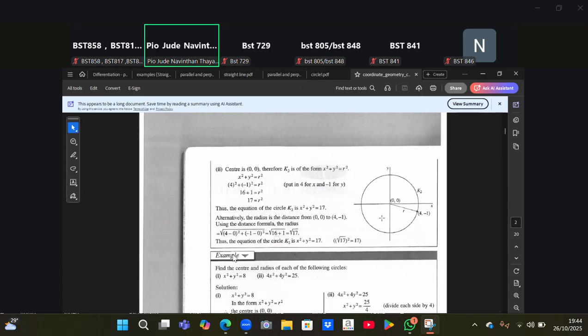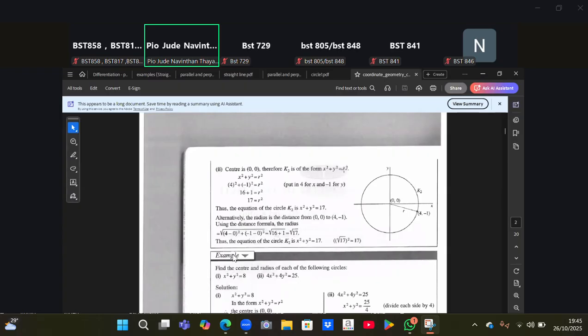They say 4 comma minus 1 is on the circle. A point on the circle or on a straight line must satisfy the equation.